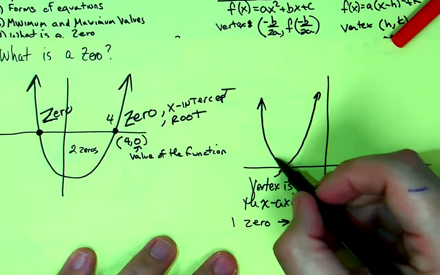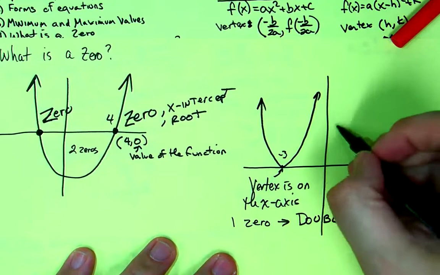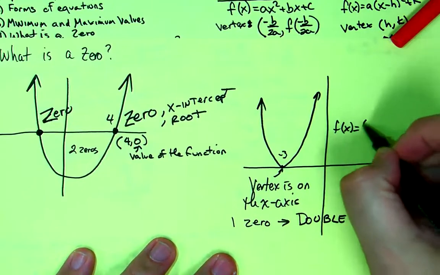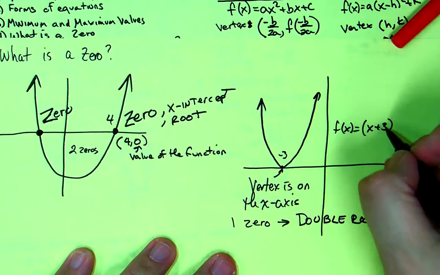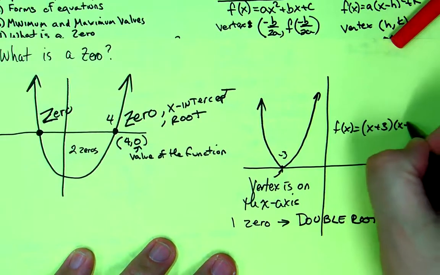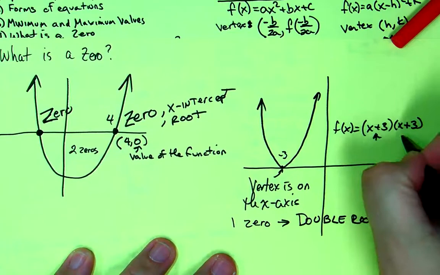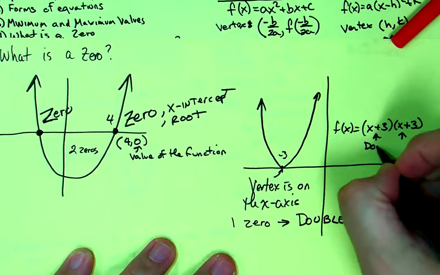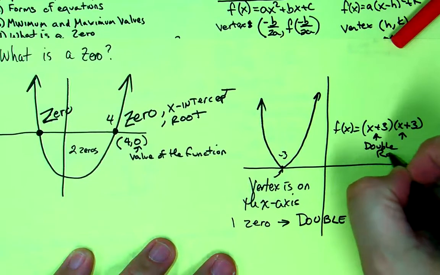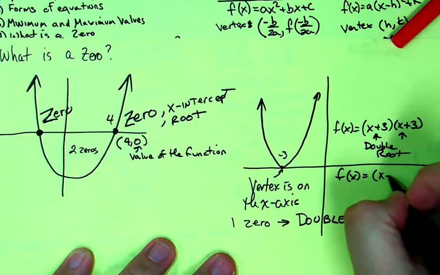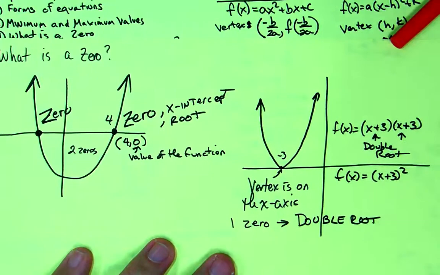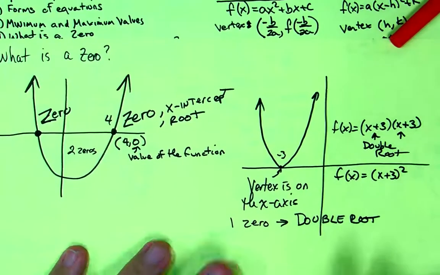So when we write this, say this is at negative 3, I could say f of x is equal to x plus 3, because we take the opposite of what we have, and x plus 3. There's where our double root comes from. Or you could just write it as f of x is equal to x plus 3 squared. And that squared indicates there's a double root.